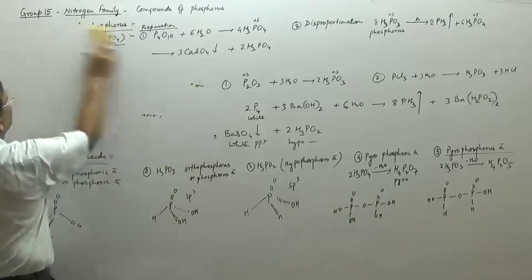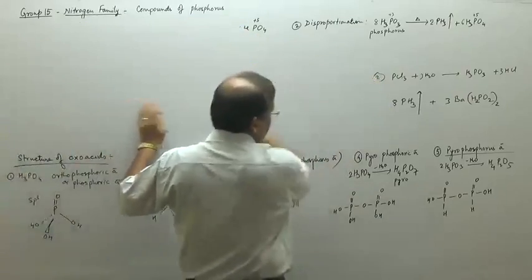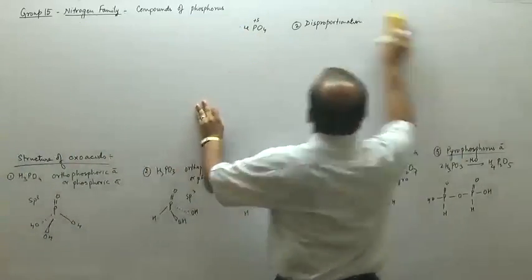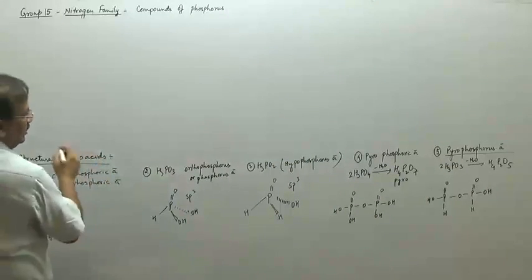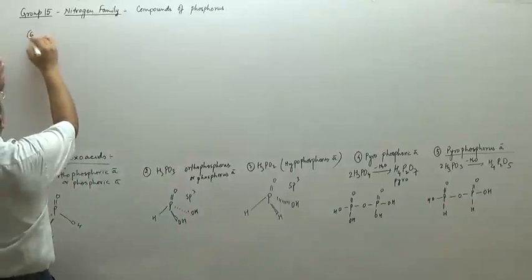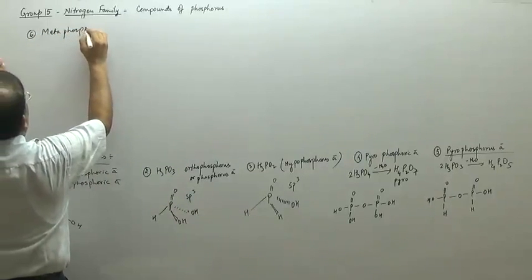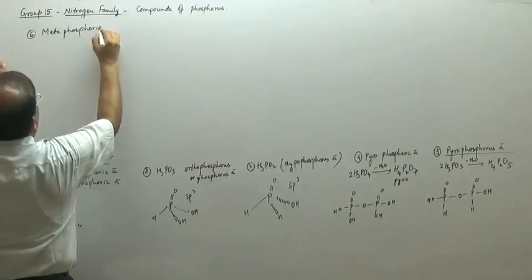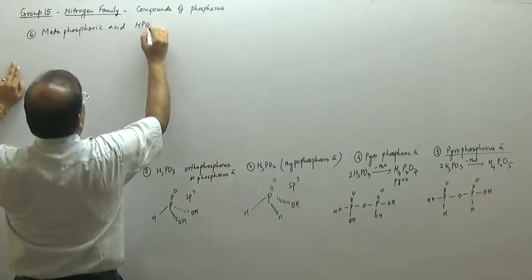We can write metaphosphoric acid. Metaphosphoric acid is HPO3.